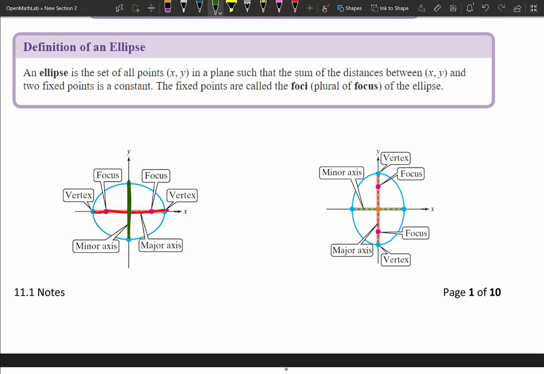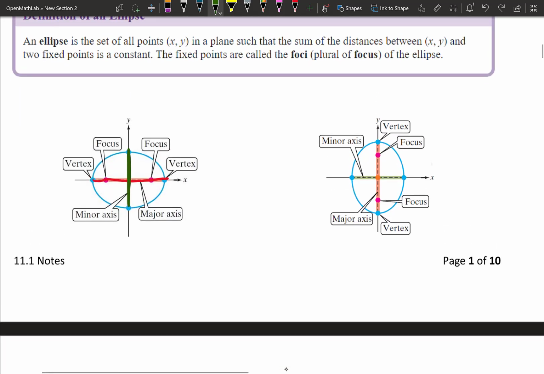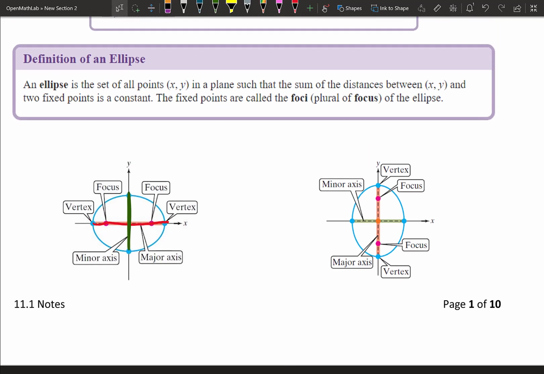So the major axis is the longer of the two. The foci are going to be fixed points on the major axis, and the vertices are also going to be on the major axis, right? So those are like the endpoints of the major axis, if you will. All right, so you can see that information.